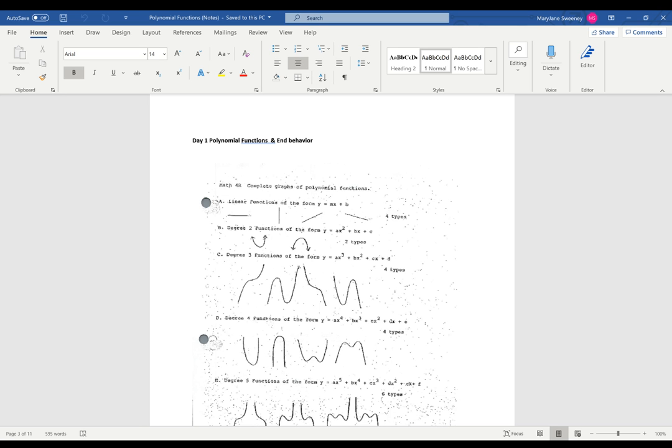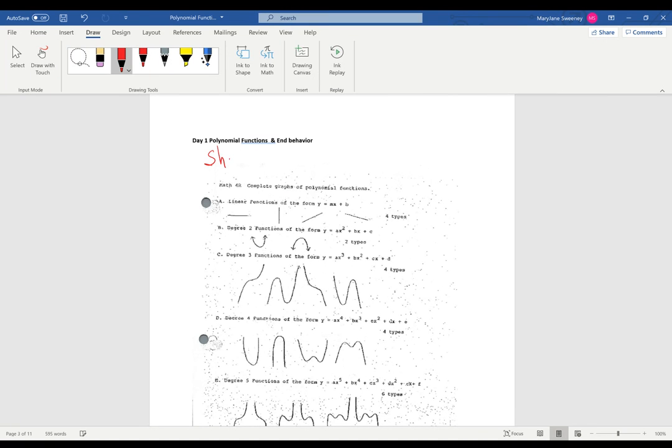Okay, so we're going to look at polynomial functions and their end behavior. The point of this is it's another kind of thing that you should know without a calculator.